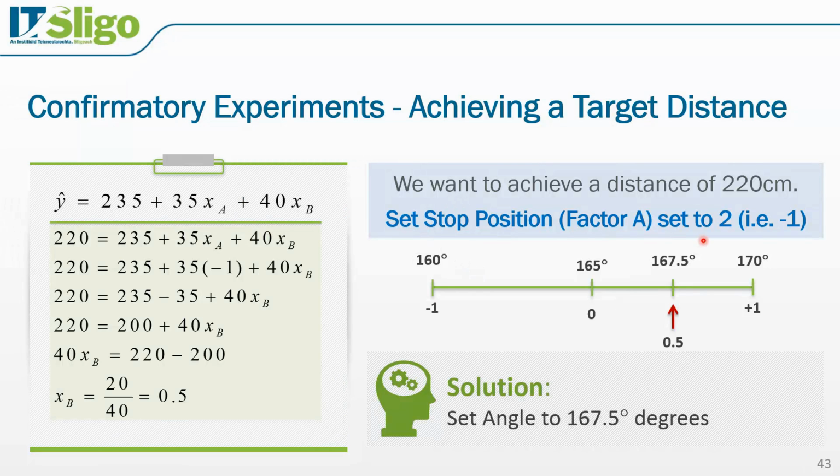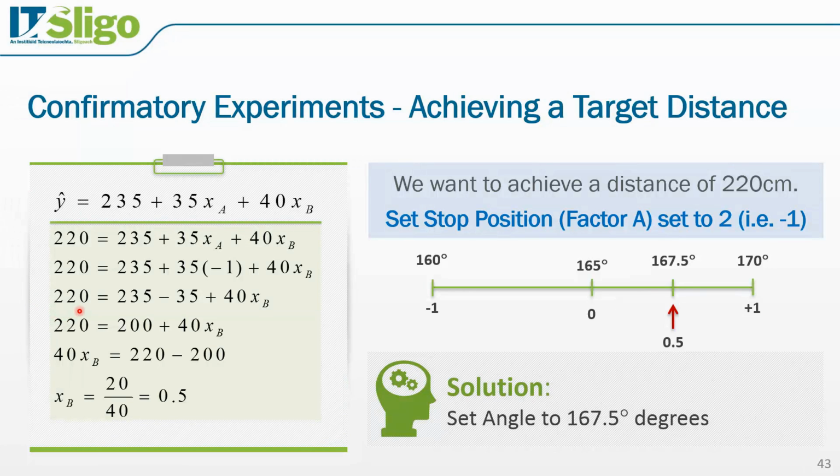We will initially set the stop position, which was factor A, to level 2. This was at the low level, so we replace XA by -1. We can then rewrite the equation. Note in this case, our y hat is 220 because this is the distance that we want to achieve.